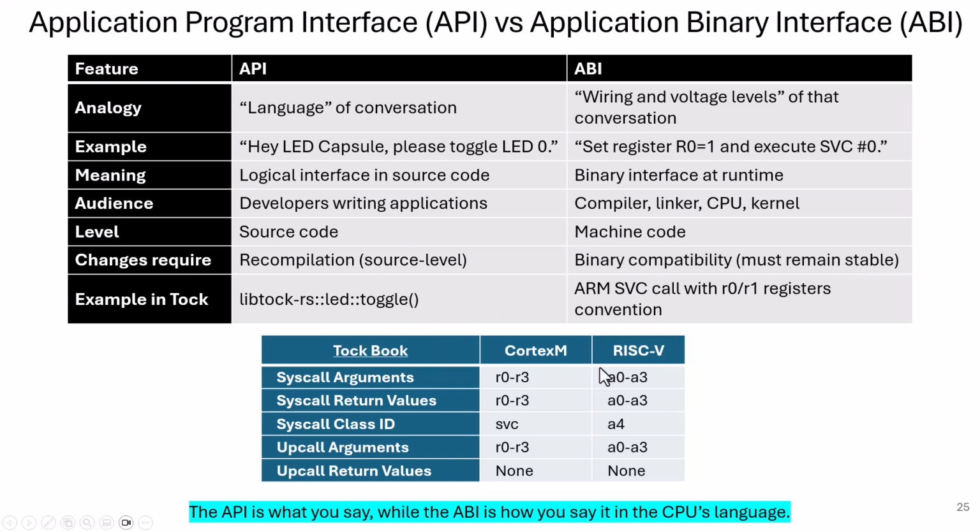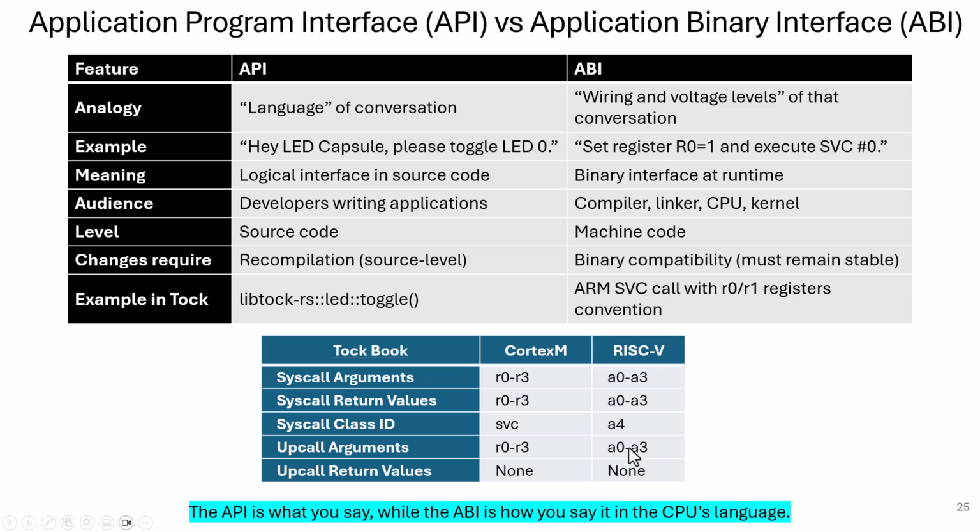And then this is some examples, from the Tock book. You can see that with the ARM Cortex-M versus the RISC-V, you have different Syscall registers being used, and also the way that the class ID is handled is different.